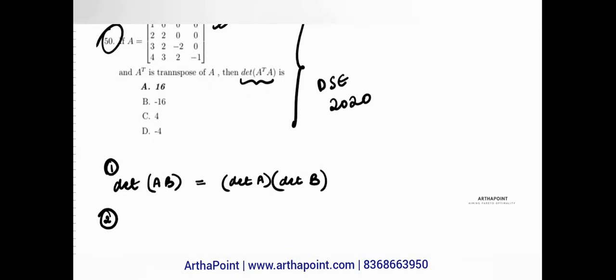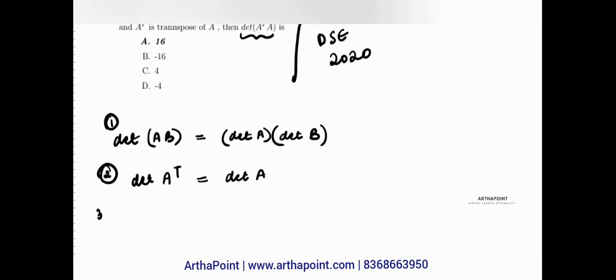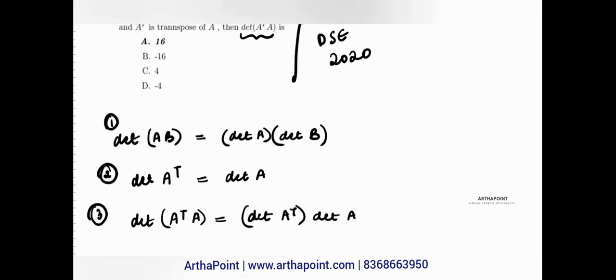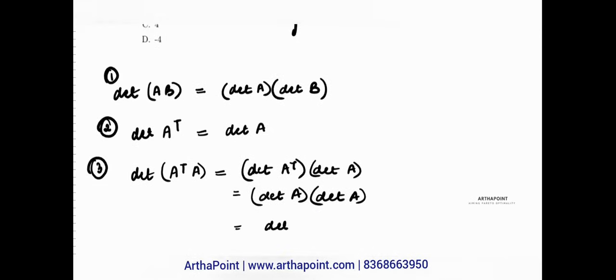Second, determinant of A transpose is the same as determinant of A. Third thing, determinant of A transpose A is nothing but determinant of A transpose into determinant of A, but both are same. So this is determinant of A into determinant of A. So this is nothing but determinant of A squared.